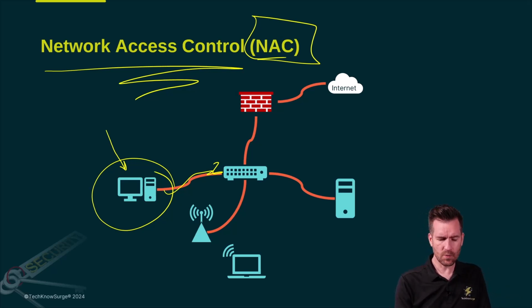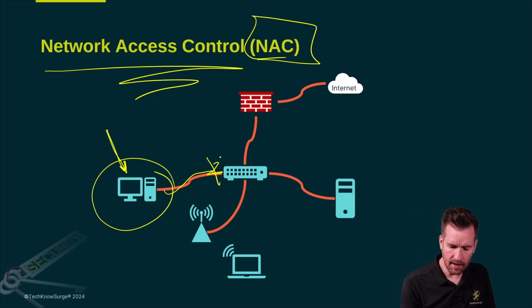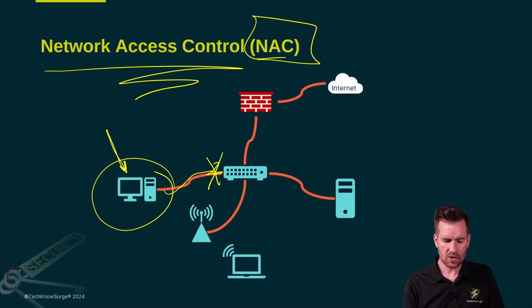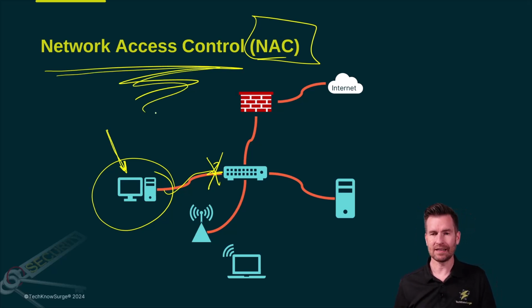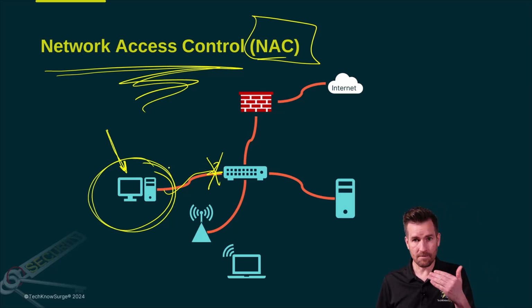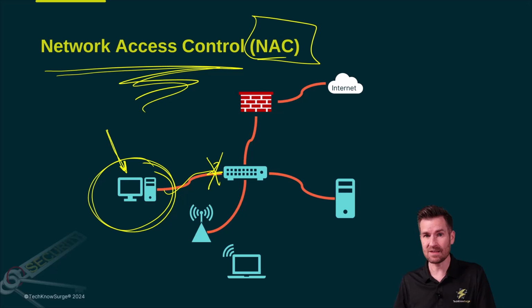And so what we would do is install software on here that would monitor the state of this machine and whether it's got its patches and is all up to date. And it wouldn't allow it on the network until it met certain qualifications. So that's what network access control allows us to do. It allows us to control the access from certain machines depending on what we say that machine needs before it can actually get access onto the network.